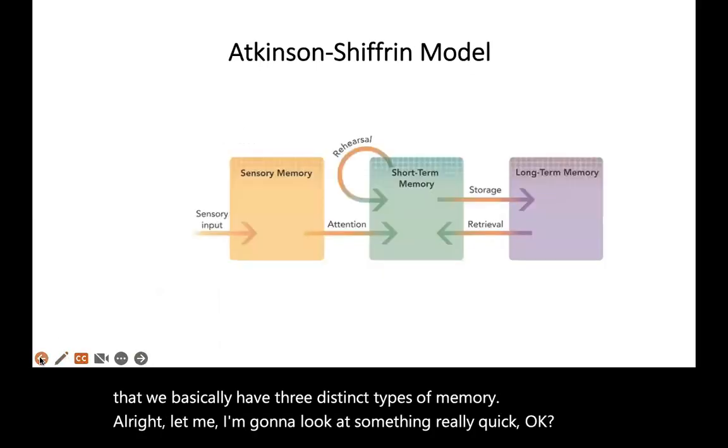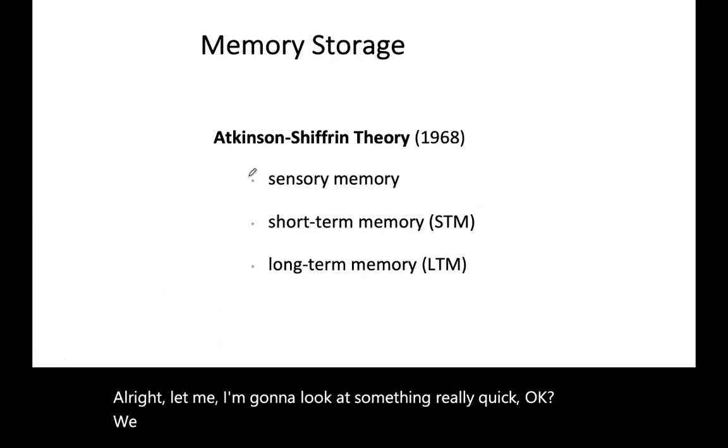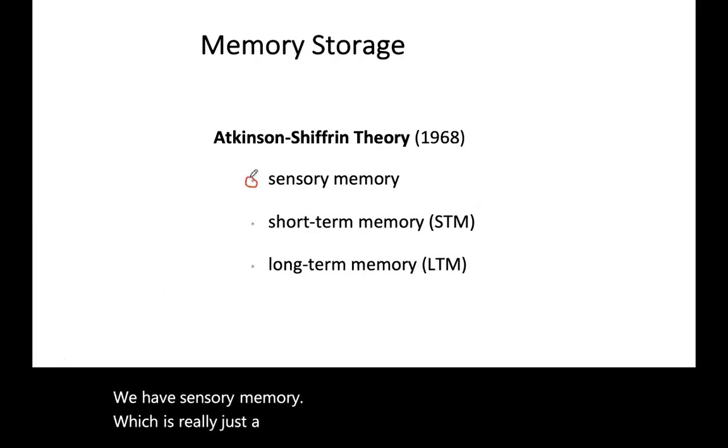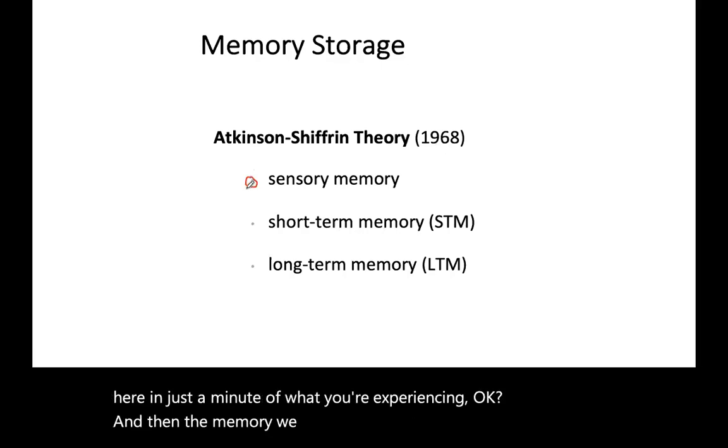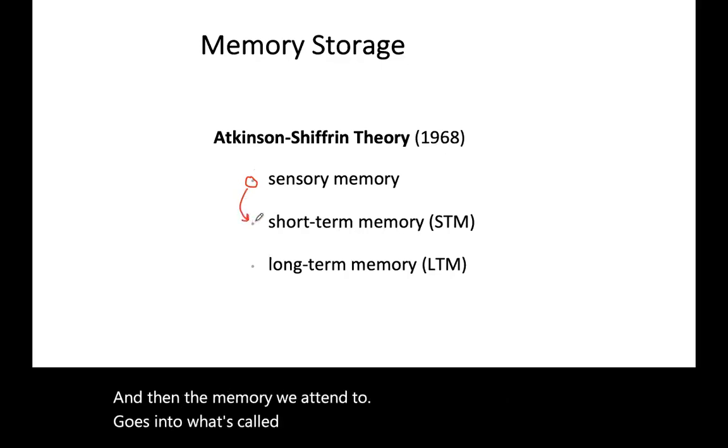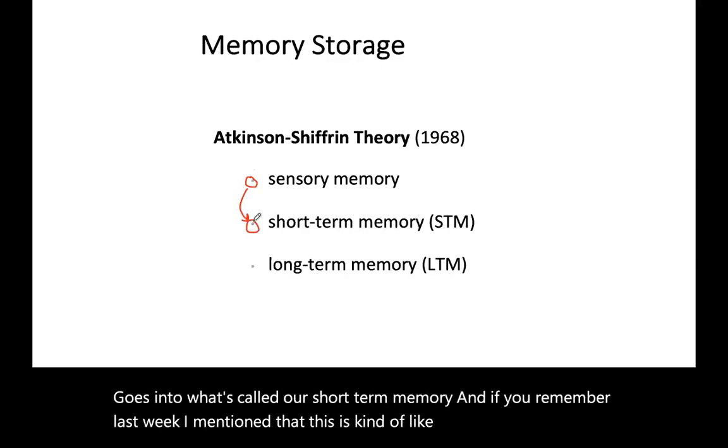We have sensory memory, which is really just a very short memory system, and we'll get to it in just a minute, of what you're experiencing. And then the memory we attend to goes into what's called our short-term memory. If you remember last week, I mentioned that this is kind of like the RAM, the random access memory in your computer.